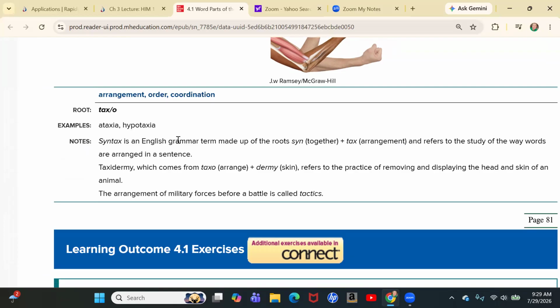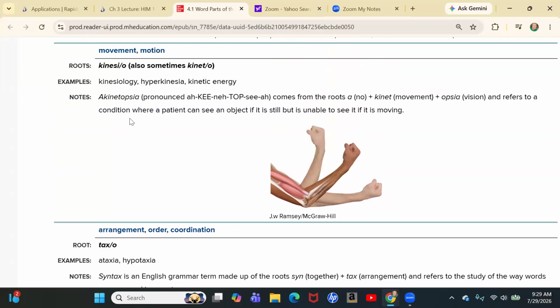Think of physical therapists. They are studying each segment of a person's movement for a particular task, for instance, standing up from a chair. That is coordinated movement, arranged in a particular order, and the combining form for that, and the study of that, is taxo.